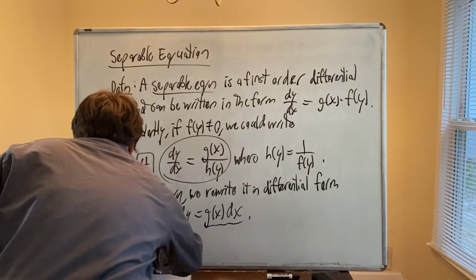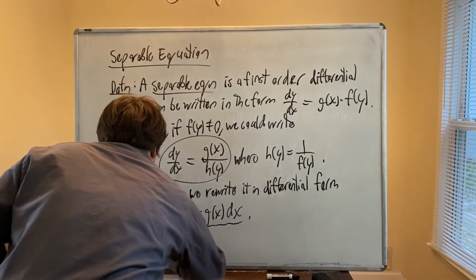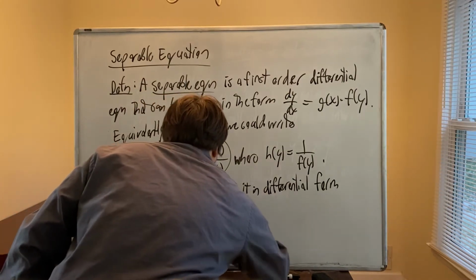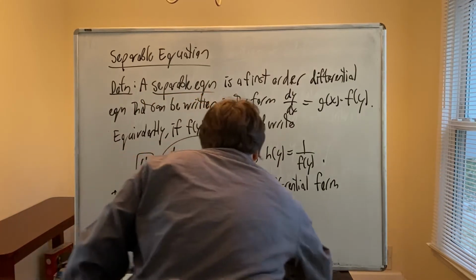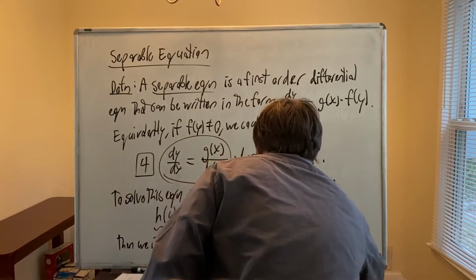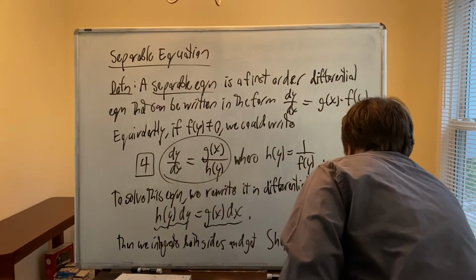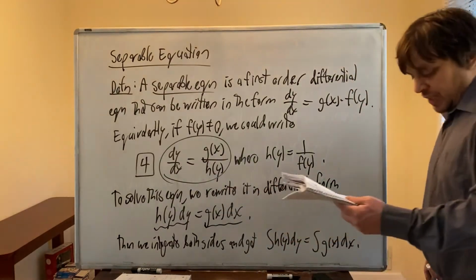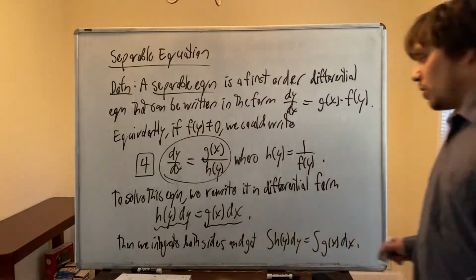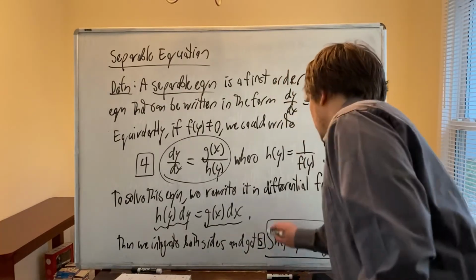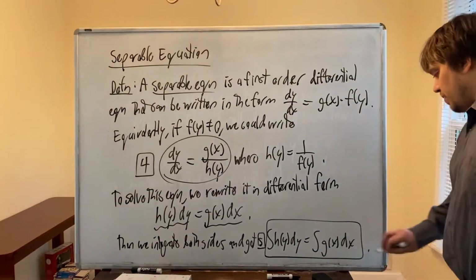Then we integrate both sides and get the integral of h of y dy is equal to the integral of g of x dx. I'm going to call this equation 5, and I'm going to box it. Okay, so we now have this.